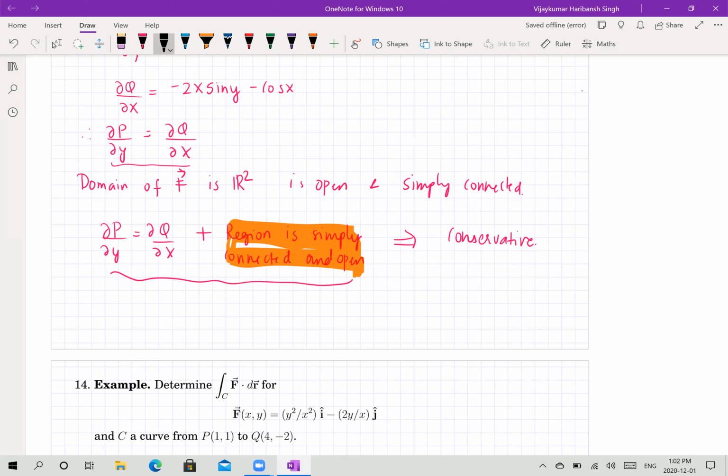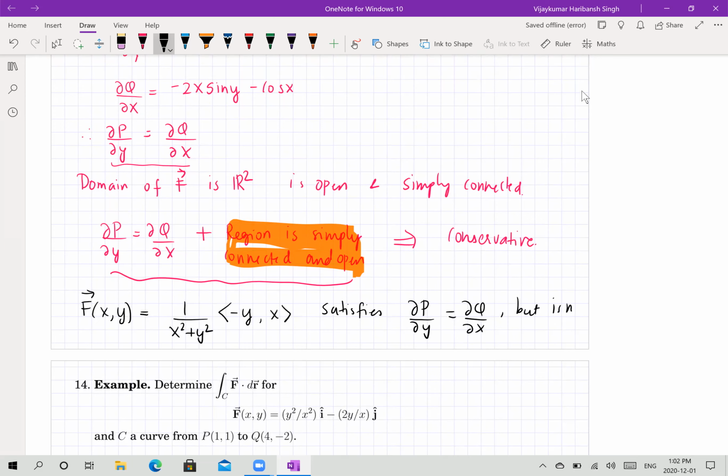We'll work on the following example soon to see. Consider F(x, y) equals 1 over (x squared plus y squared) times the vector (y, minus x), which satisfies ∂P/∂y equals ∂Q/∂x, but is not conservative. We'll see that in a minute.